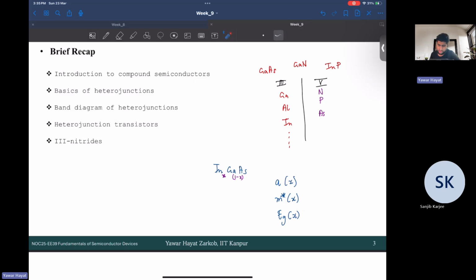is different. So what if you are interested in finding a particular value of lattice constant corresponding to some value of x that falls between 0 and 1? Is there any law that helps us doing that?